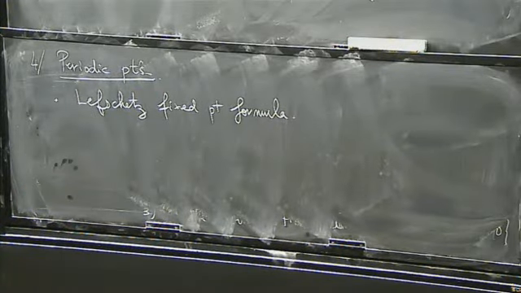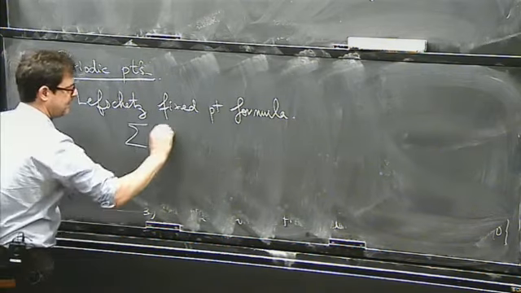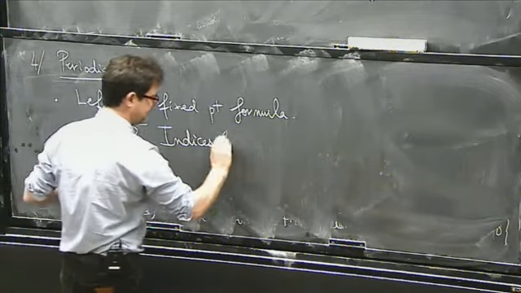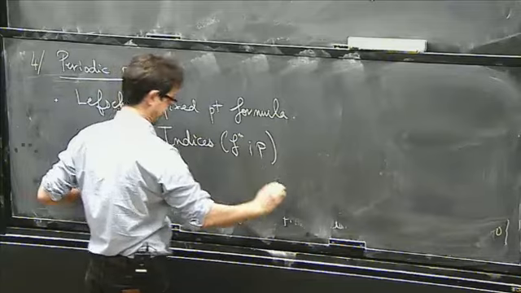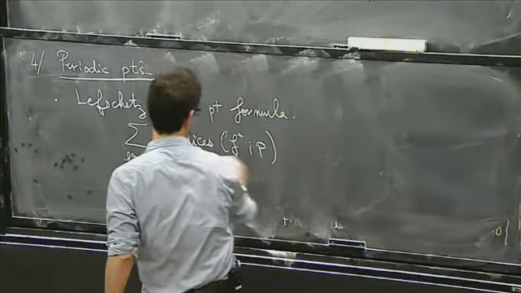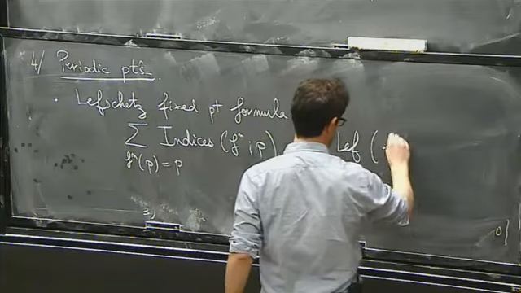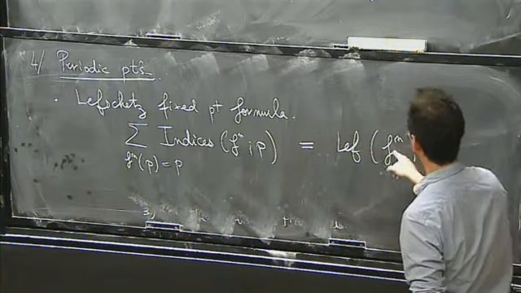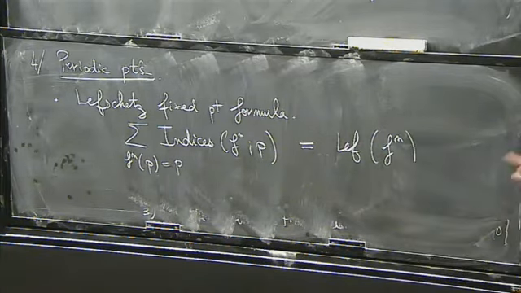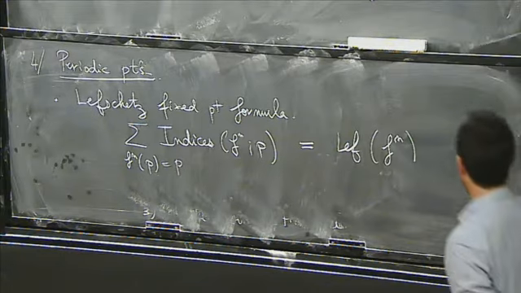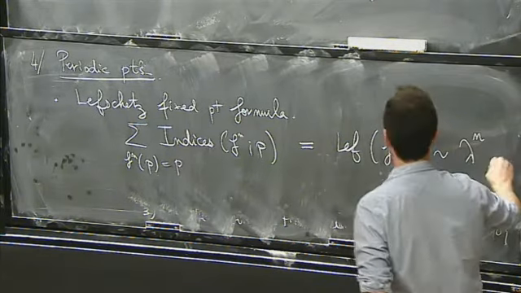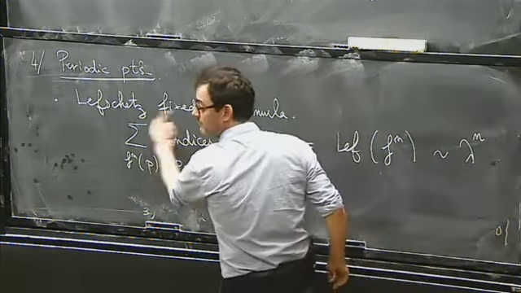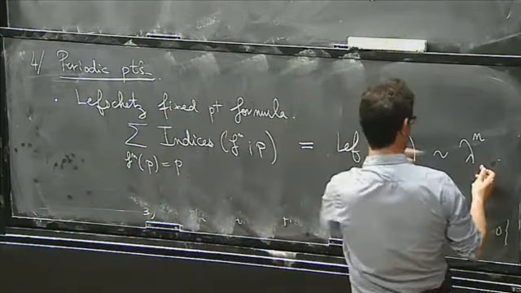The Lefschetz fixed point formula says that the sum of indices at fixed points of f to the n is equal to the Lefschetz number, which is the alternate sum, with alternate signs, of the traces of f^n star on the cohomology groups. And this grows like lambda to the n.